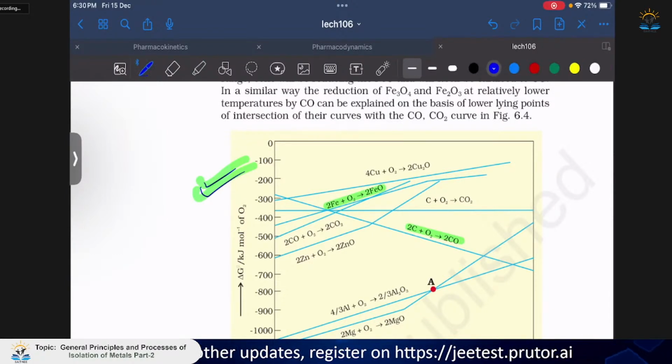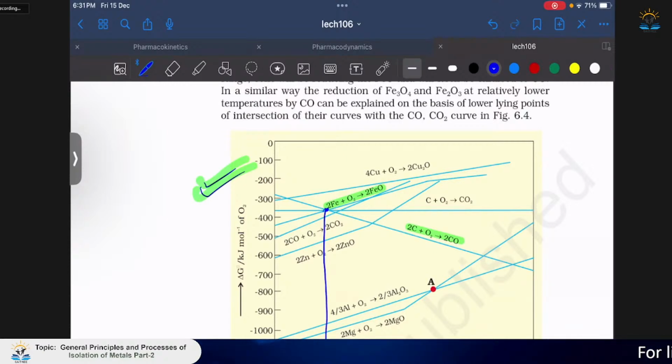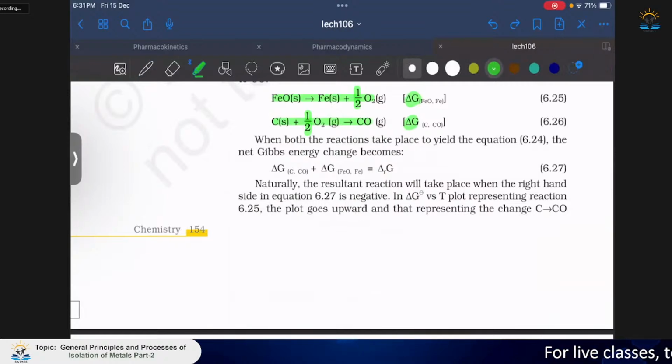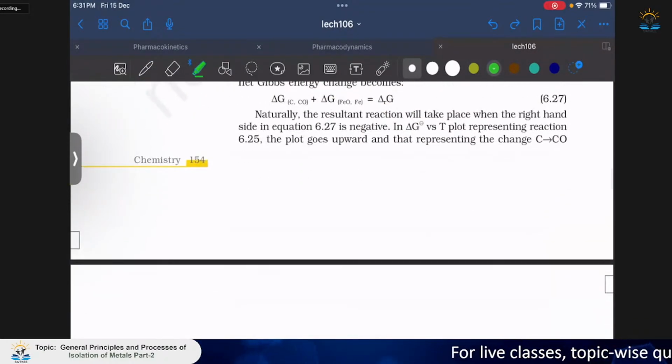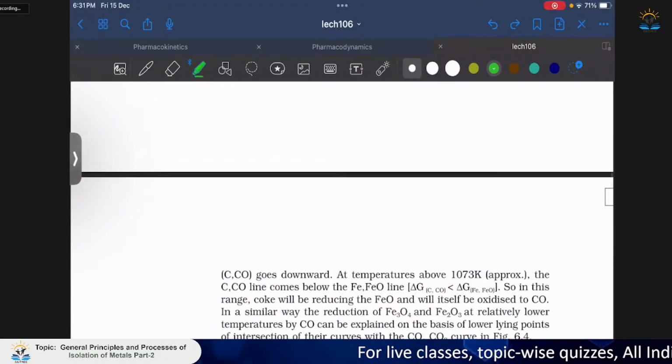See, after a temperature of about 673 Kelvin, at any point of time, the metallic curve is above the reducing agent curve. So you will get good results after 673 Kelvin, which is the point of intersection, right? Going on, when both reactions take place, they have added the equations, and the delta G naught of the resulting equation should be negative.